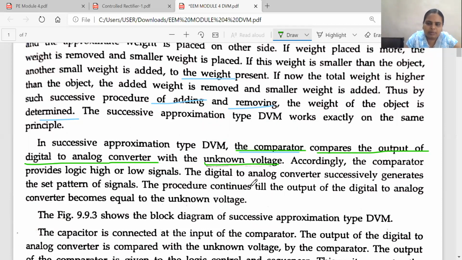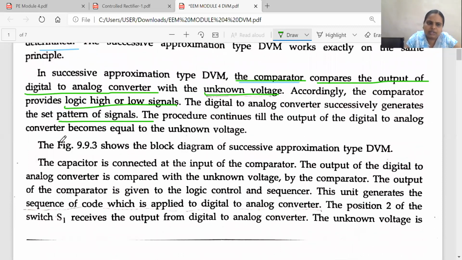Accordingly, the comparator provides logic high or logic low signals. The digital to analog converter successively generates a set pattern of signals. The procedure continues till the output of the digital to analog converter becomes equal to the unknown voltage.